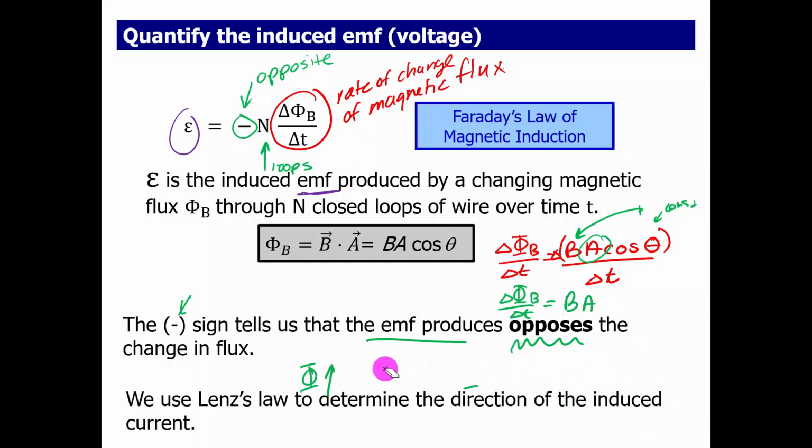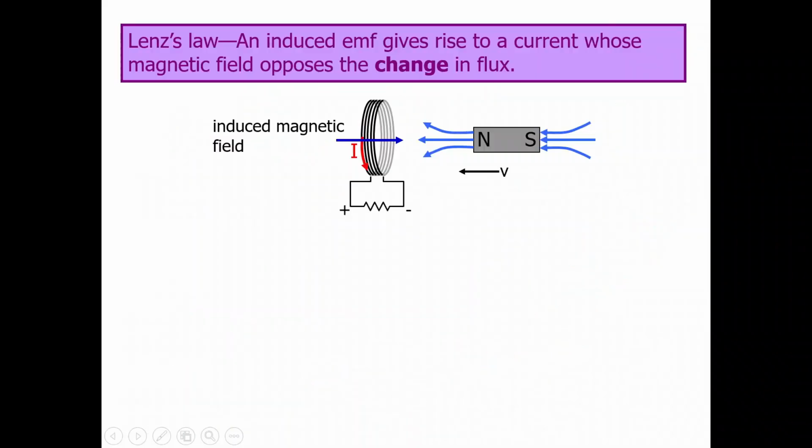And as I mentioned, how we figure out the direction of the induced current is something called Lenz's law. Lenz's law is going to be able to handle this opposition. Lenz's law says that induced EMF gives rise to a current whose magnetic field opposes the change in flux. What we're picturing here is a current loop. This is our solenoid.